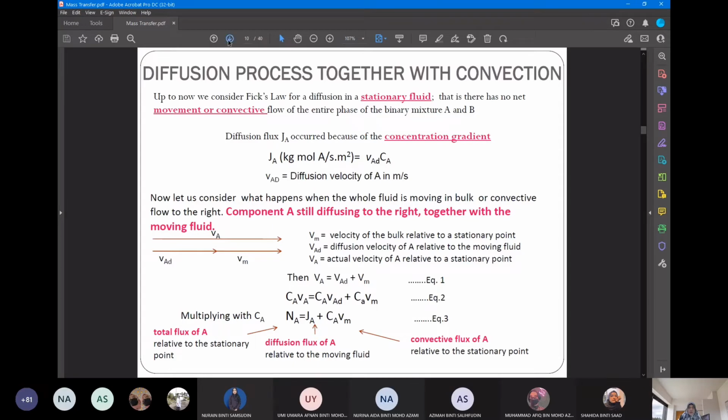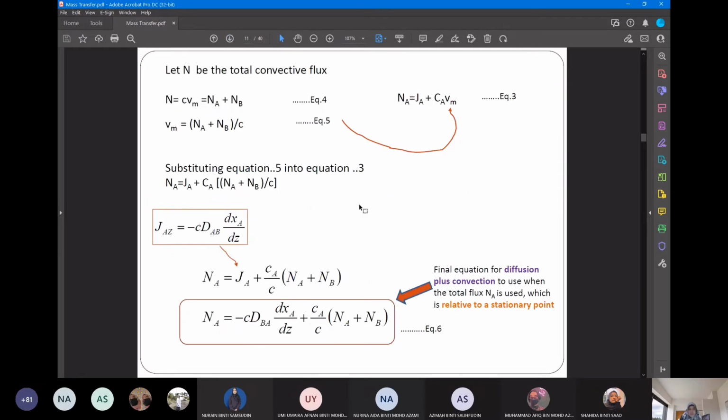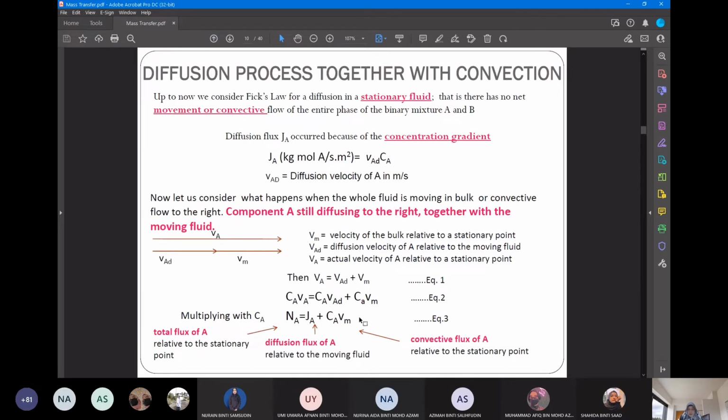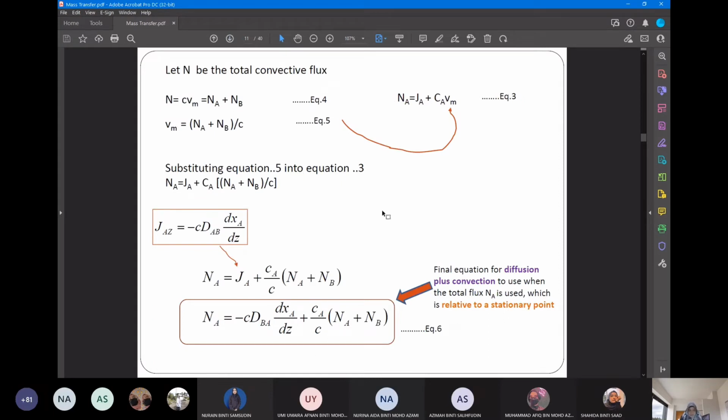Now let's look at the next part. Remember just now, you need to know this formula and what it represents. Diffusion, and the next one is convection. Both happen at the same time. So you play around with the formula. JA can also be represented in terms of mole fraction, in terms of concentration, and so on. So you can represent JA by negative CDAB from Fick's law.